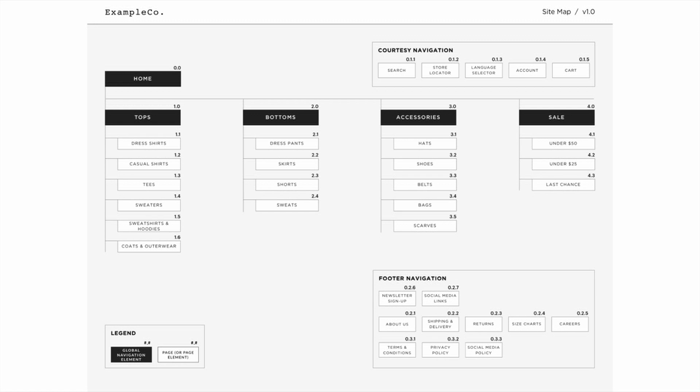Within these global navigation elements, we see a breakdown of what we would typically expect in a consumer packaged goods site, except when we get to the sale category. The sale category is quite unique and includes specific facets that segment our products. In the first two nodes, we see the use of the price facet and attributes of under $50 or under $25.